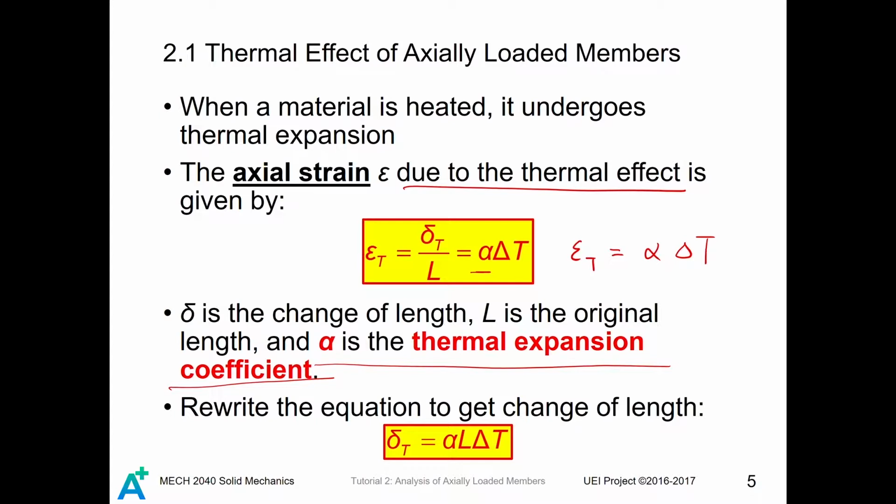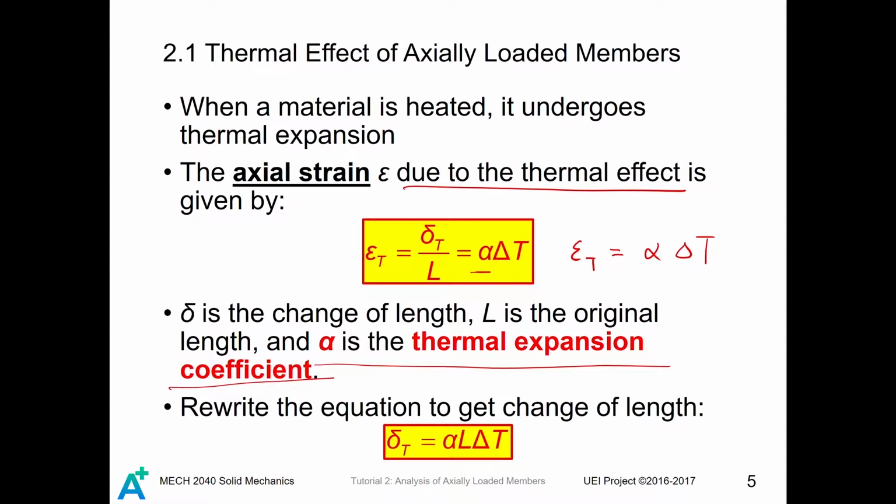Notice that the thermal expansion coefficient has a unit of degree to the power minus 1. So in the later examples, you will see it looks something like 1.7 times 10 to the minus 7 per degree. It is the thermal expansion coefficient. And significantly, after you multiply this coefficient with the temperature change, its unit will become 1, which is the dimensionless form.